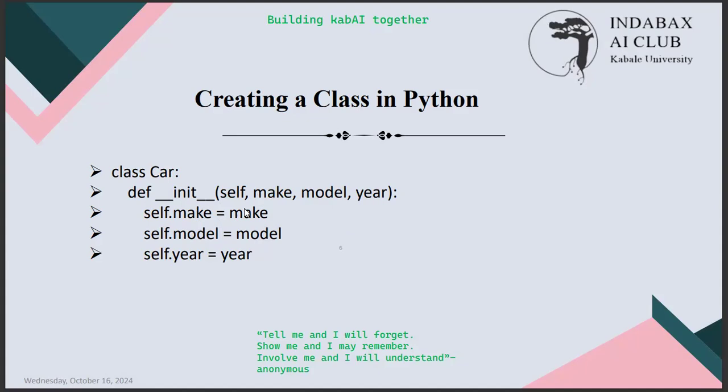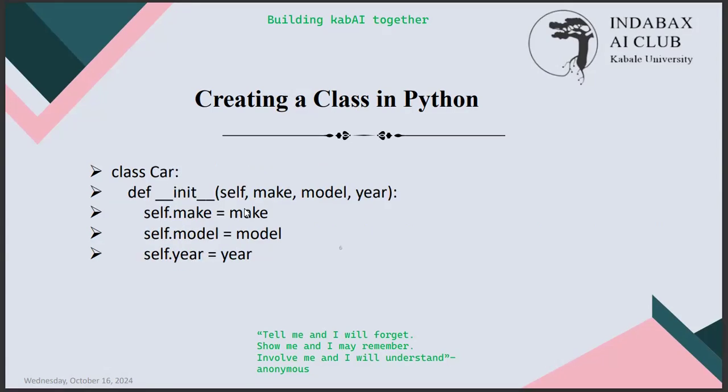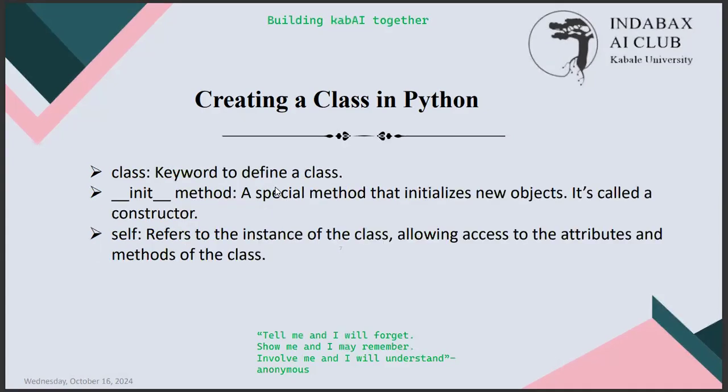We shall also look at self in details, but all you should know is that it helps to define an instance of a class and make the compiler know that the attribute make, or that attribute associated with the word self, is referring to the attribute defined in the constructor here. Okay, so that is how you create a class in Python.